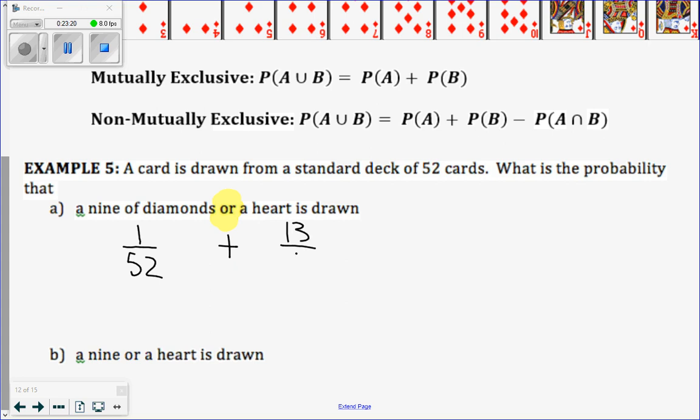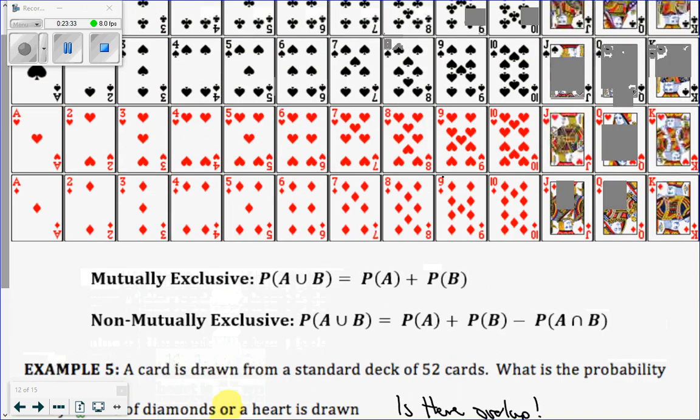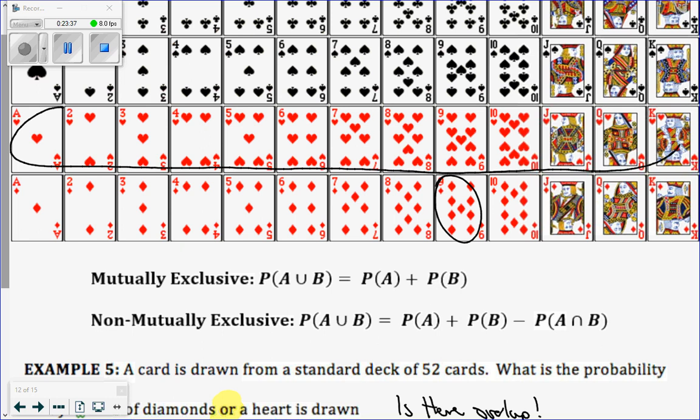13. Okay, so now you have to ask yourself, is there overlap? So 9 of diamonds is right here. A heart is right here. So is there any overlap? Nope.